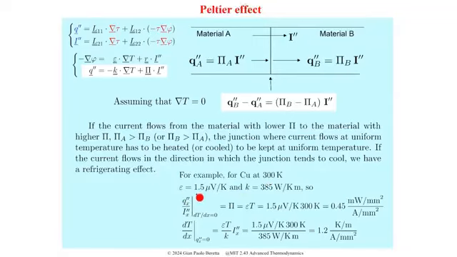Copper has a Seebeck coefficient of 1.5 microvolt per Kelvin against a very high conductivity K. And so the Peltier coefficient would mean, if I have a 1 millimeter cross section of my wire, and I run 1 ampere into it, and suppose I have on the other side an ideal material that has 0 Peltier, so the difference is only that of copper, I would be able to generate half a milliwatt per ampere.